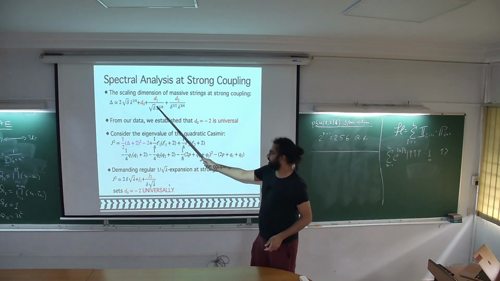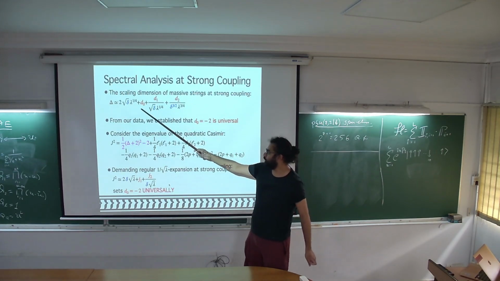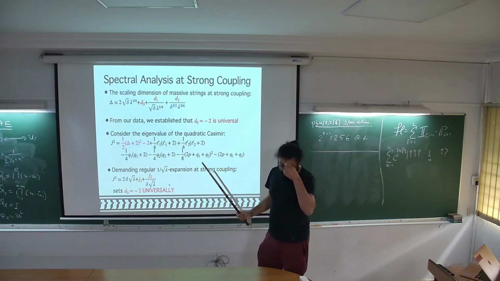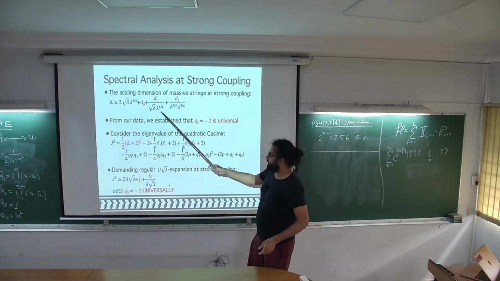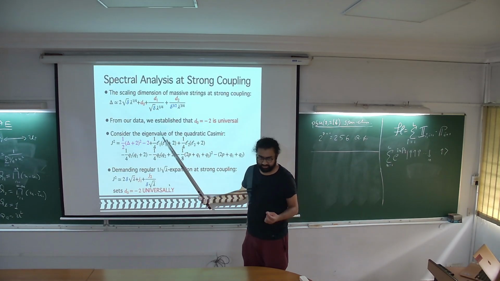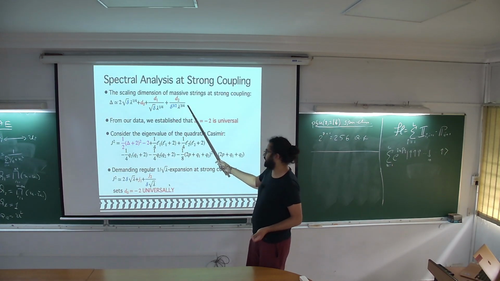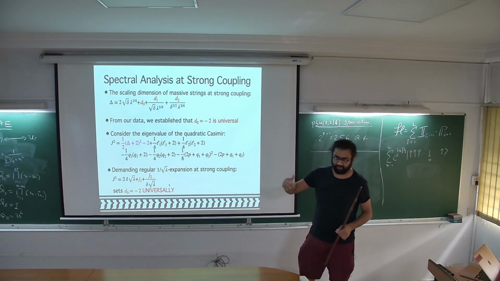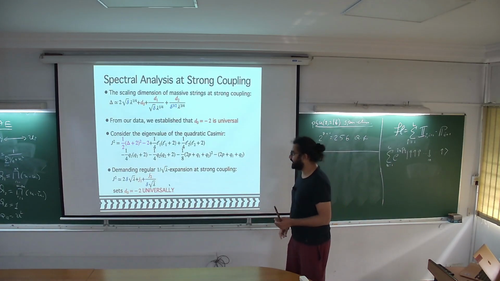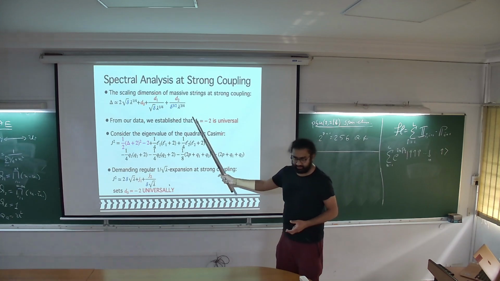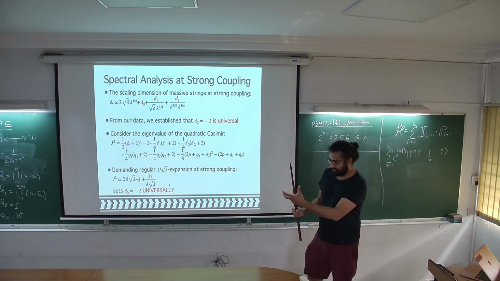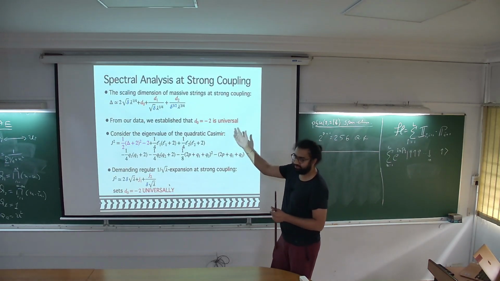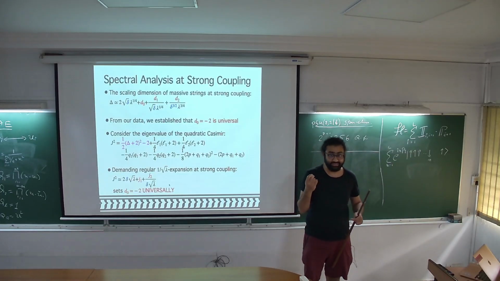An ansatz for that is like this: you have 2 times the square root of delta times lambda to the 1/4, then some constant term, and then essentially a series in powers of 1 over square root of delta. So we just take this ansatz, fit our data, and try to extract these d coefficients.